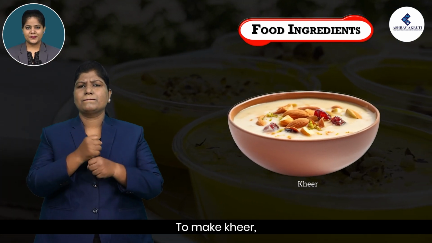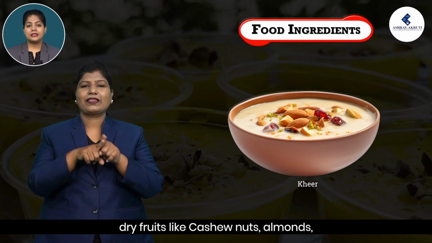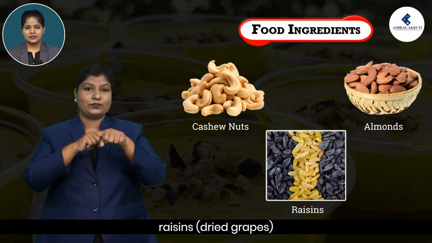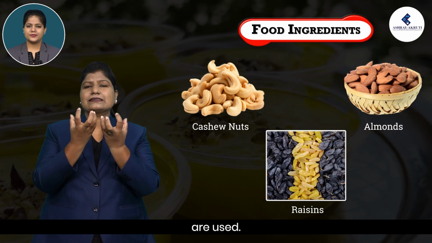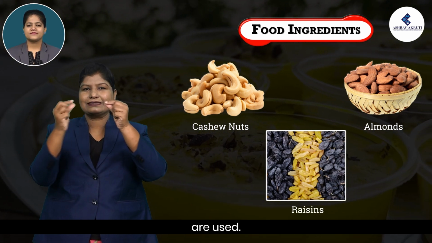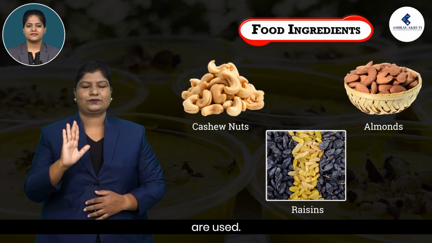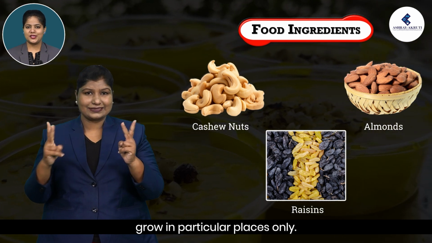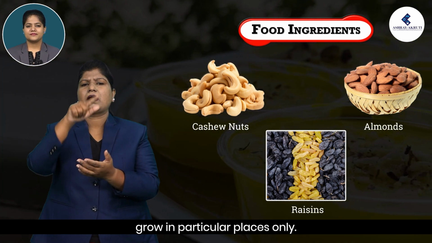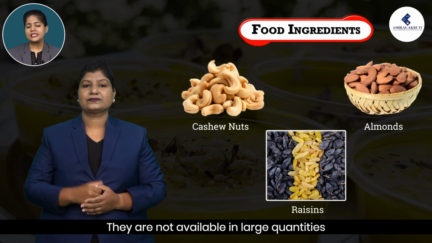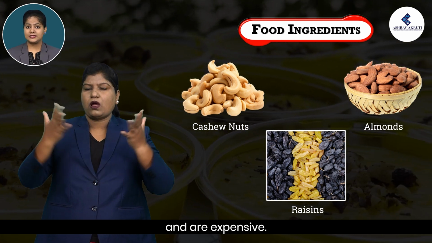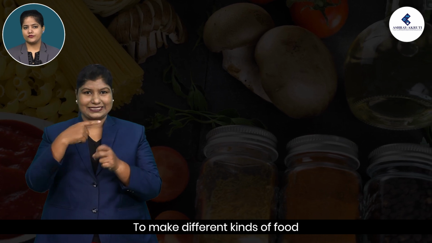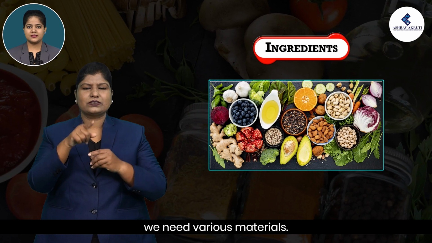To make kheer, dry fruits like cashew nuts, almonds, raisins, dried grapes are used. These condiments and dry fruits grow in particular places only. They are not available in large quantities and are expensive. To make different kinds of food, we need various materials.